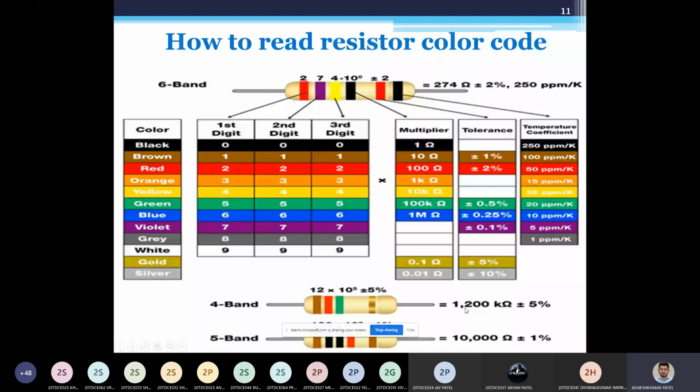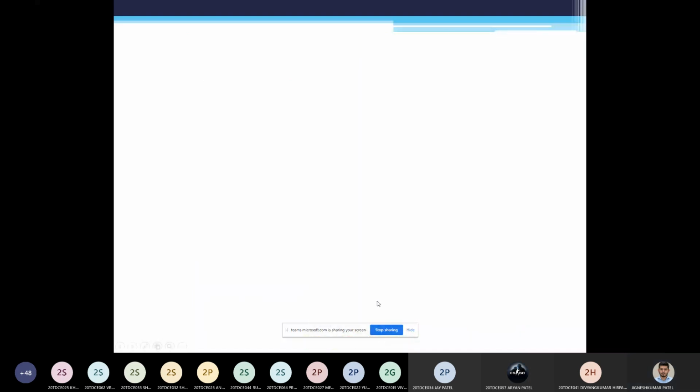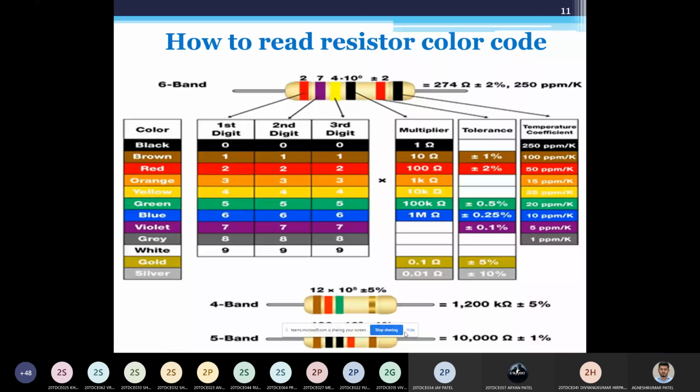The same example is given. One more example is given here for 5-band. Here you will see first brown, so I'll write 1. Second and third are 0 0 because it is black, 0. There are 3 bands for the digits and 1 band for the multiplier. The multiplier is always there.